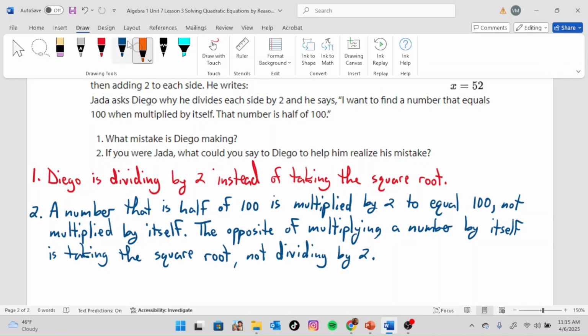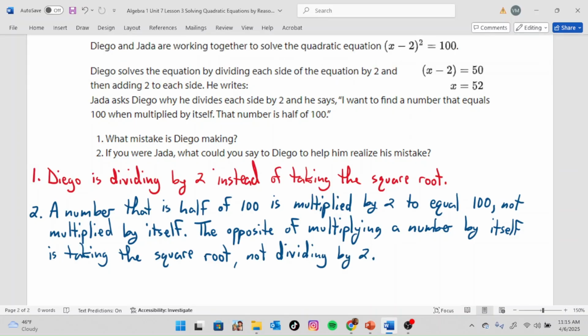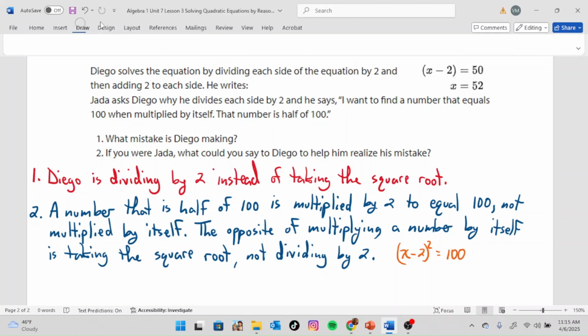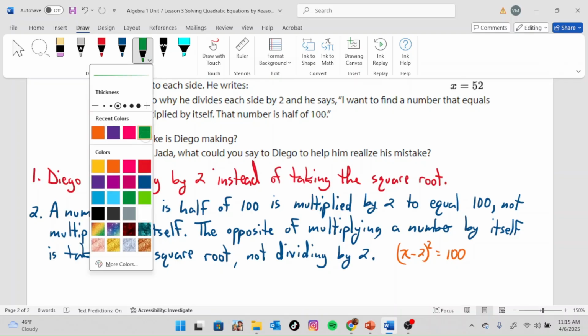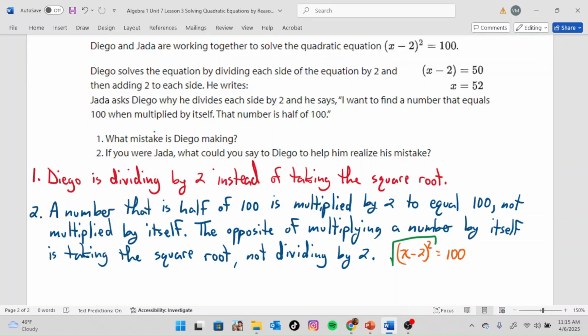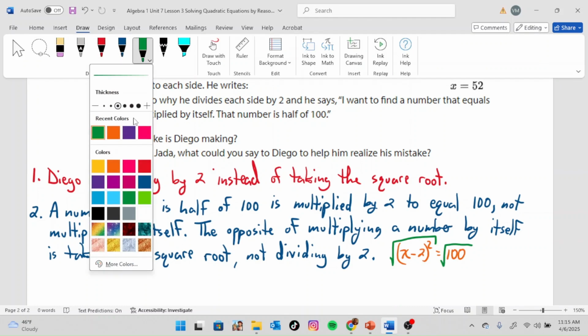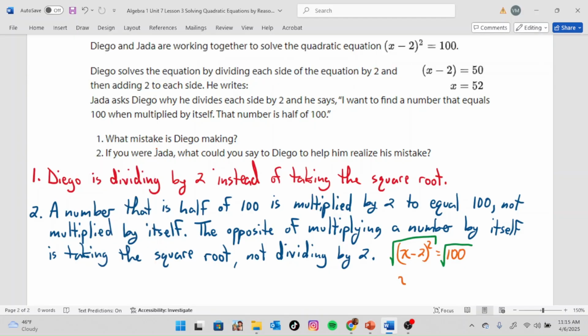So in this case, what should have happened is that Diego should have taken the square root of both sides. If he had done that, he would have gotten x minus 2 equals 10, or x minus 2 equals negative 10.